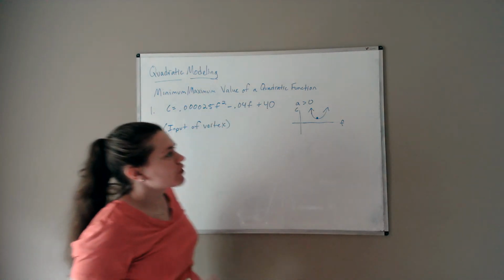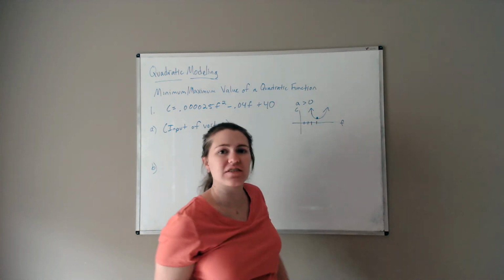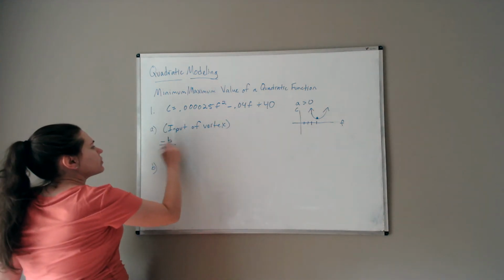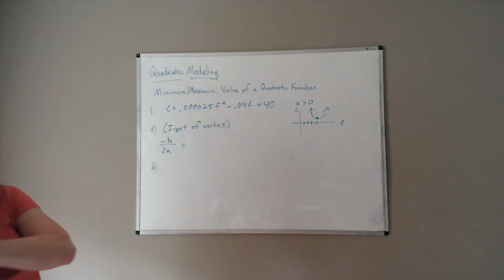What is the number of frames that should be produced to give that minimum cost output? That would be negative b over 2a. Since we're in standard form, we just need the input of the vertex.